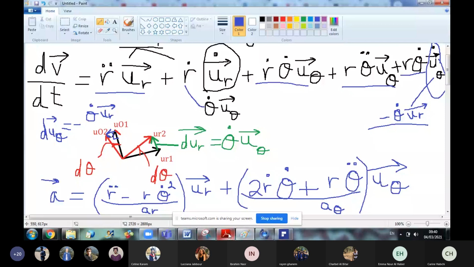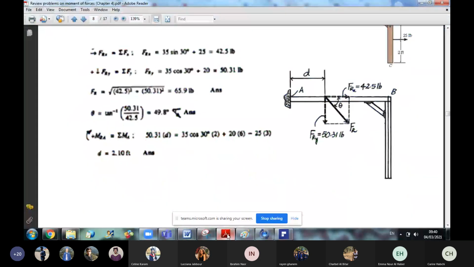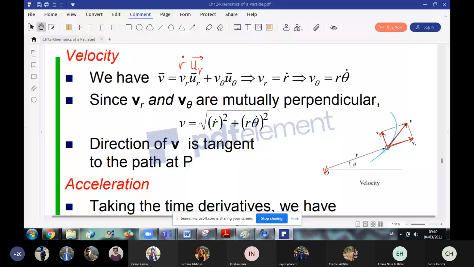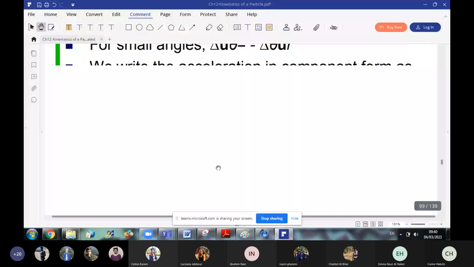So if I go back to my PDF, do you see it again now? Yes. Okay, so if I go back to my derivation, as you can see here, they derived the acceleration with respect to time.